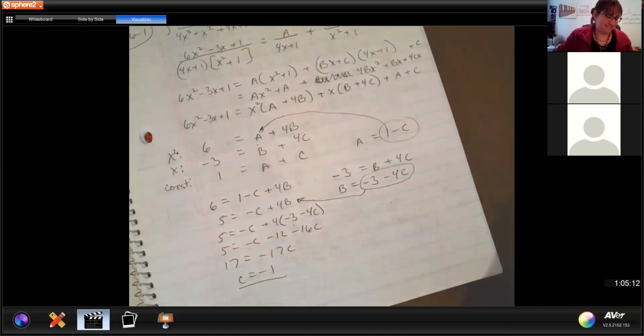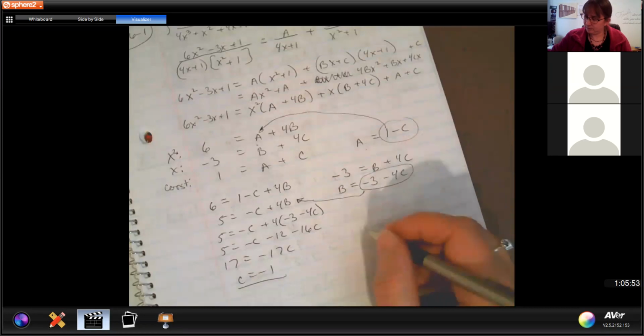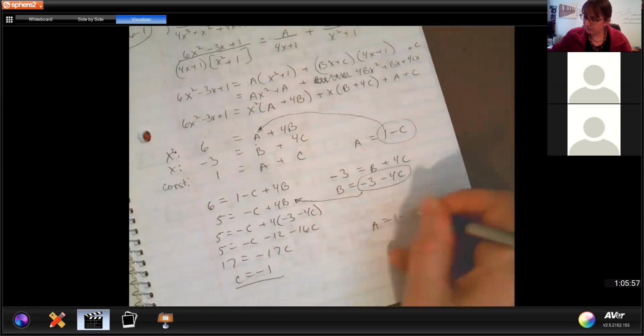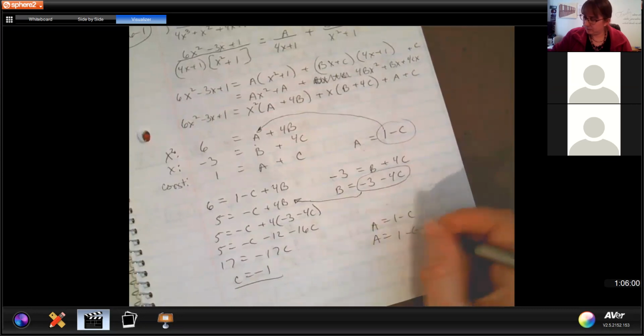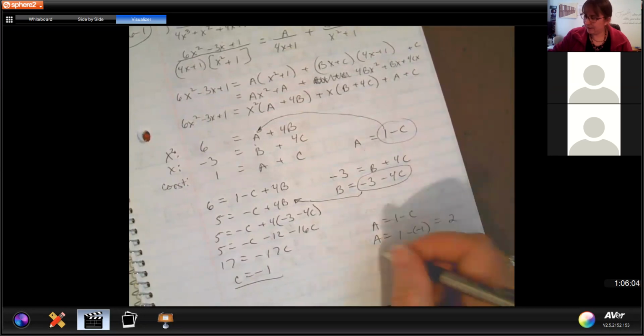Please tell me C equals minus 1. I got A equals 2.